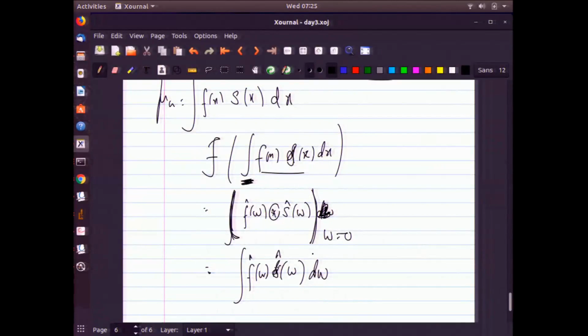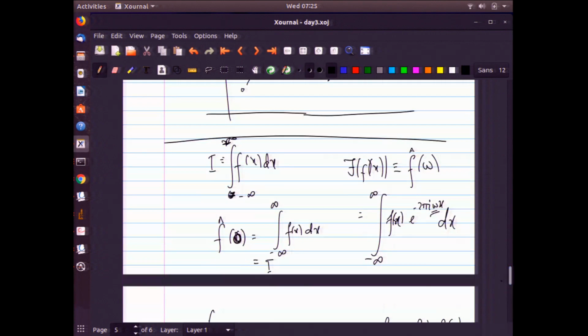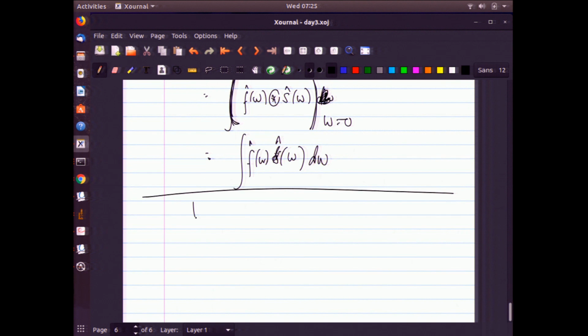However, there's some important thing here that we've glossed over, which turns out to be a real pain. Right? In practice, we don't have this infinite domain. And the Fourier transform, all this stuff holds if we have an infinite domain. What do we do if the domain is finite? Any ideas on what we can do?